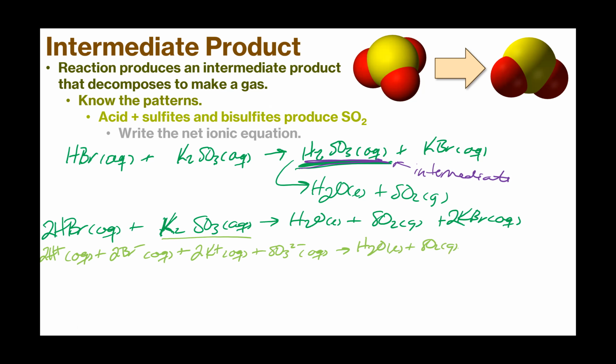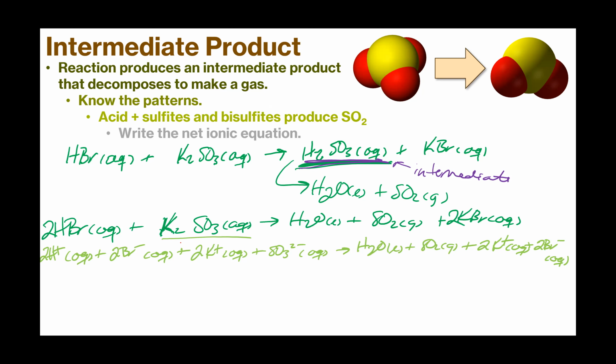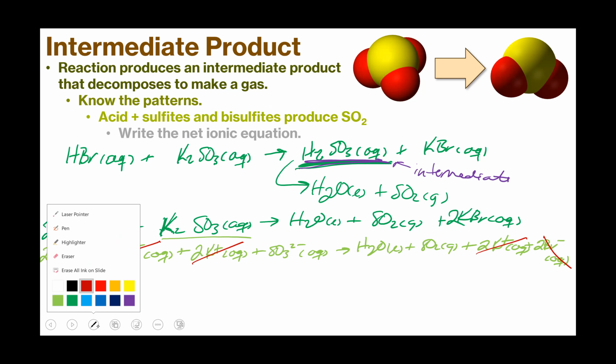SO2 is a gas, so it stays together. Then we have 2K plus aqueous and 2Br minus aqueous. Again, find your spectators. What do we got? 2Br minus and 2Br minus, 2K plus and 2K plus. Everything else is fine.